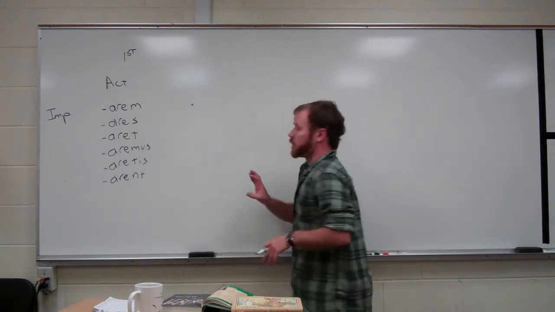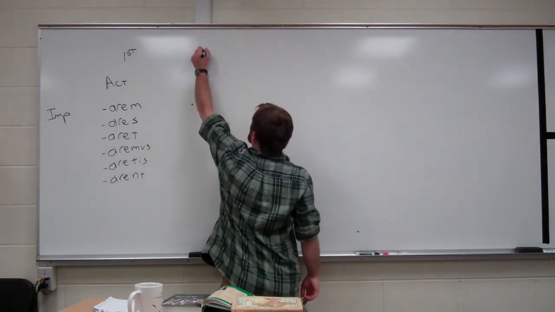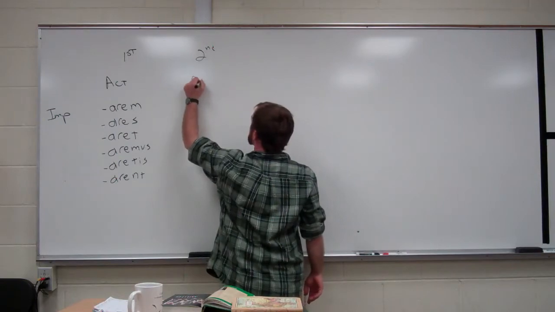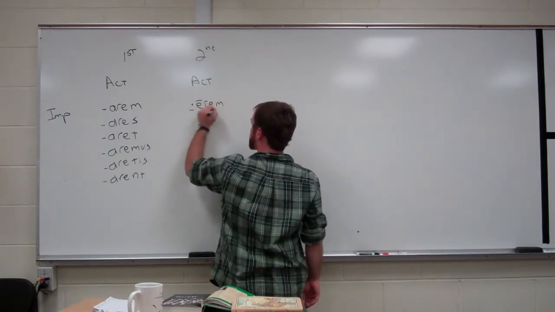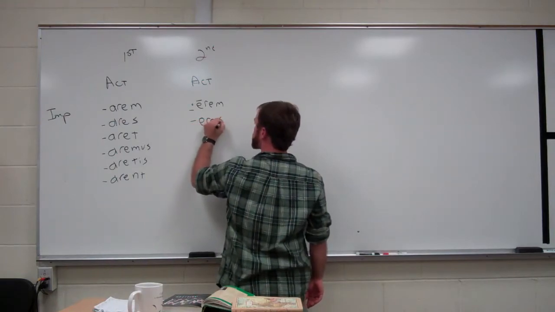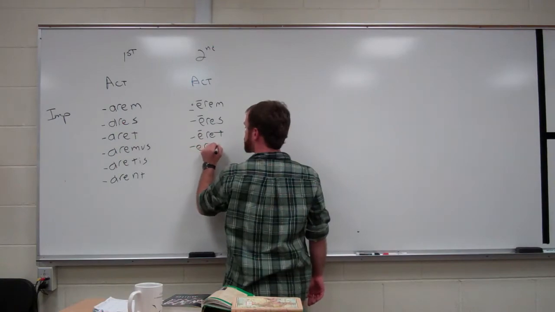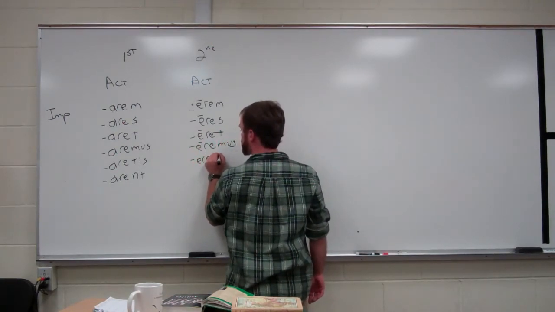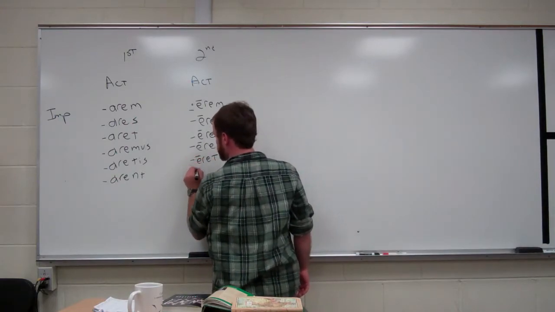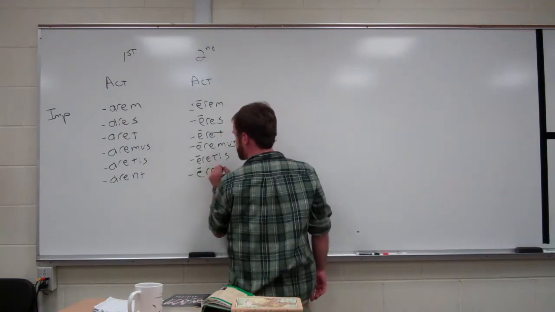So, as we go down, second conjugation, active column: E-R-E-M, E-R-E-S, E-R-E-T, E-R-E-M-U-S, E-R-E-T-I-S, and then E-R-E-N-T.